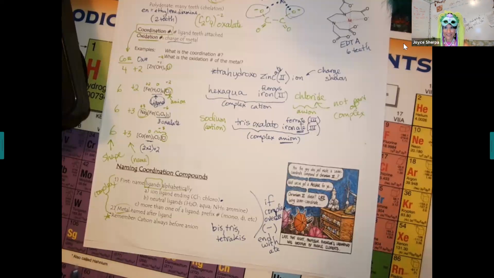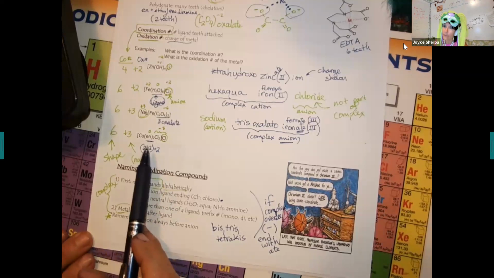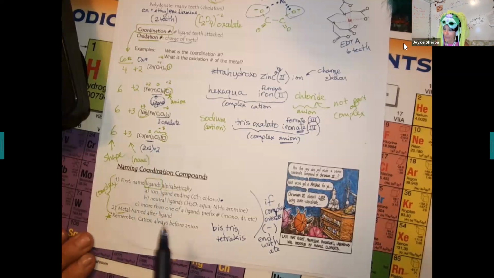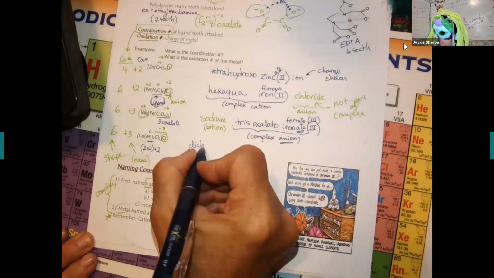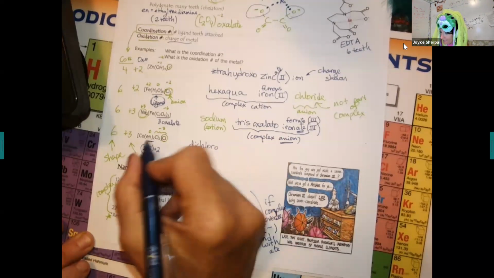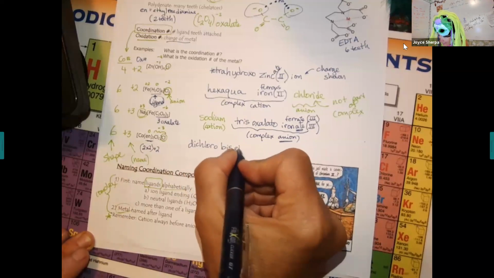We have 2 different ligands. We have the ethylene diamine, which starts with E, and chlorine, which starts with C. We go alphabetical. So we say the dichloro first, and then bis, ethylene diamine.